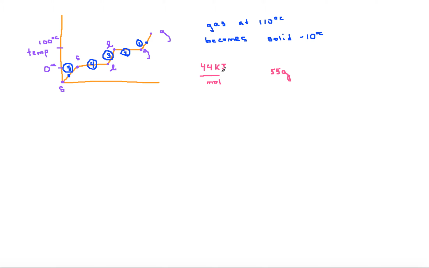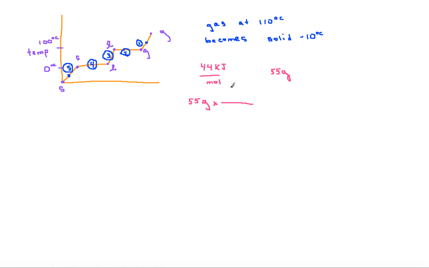So to do that, just like what we did in class, you're going to start with 55 grams of water. And so what I'm measuring is the heat required to go from here to here. So that's step 2, even though step 2 is actually the opposite of that, but we'll see how that impacts it next class.